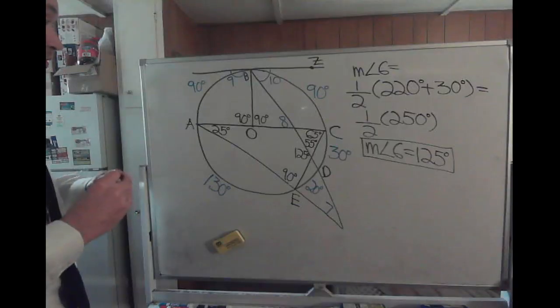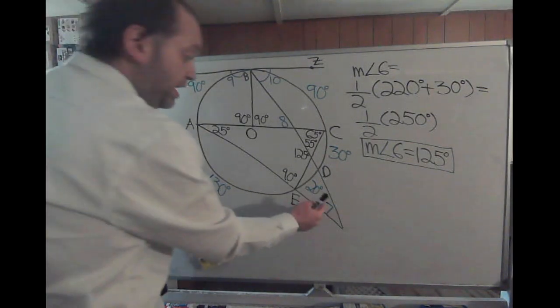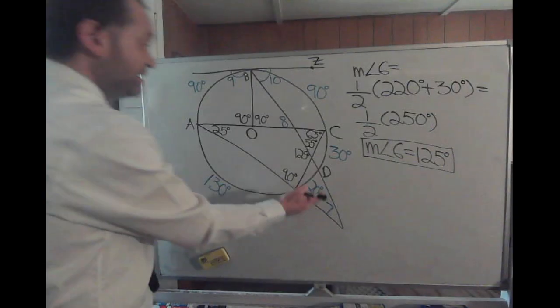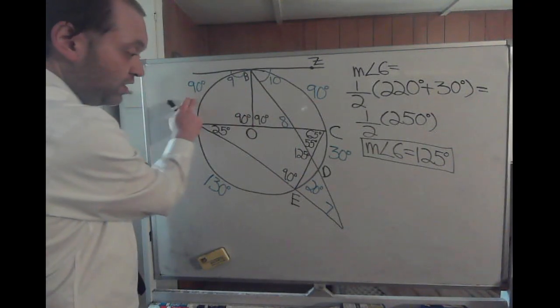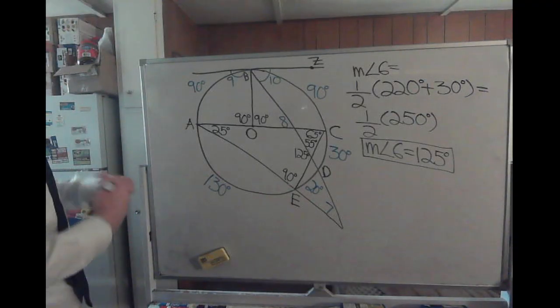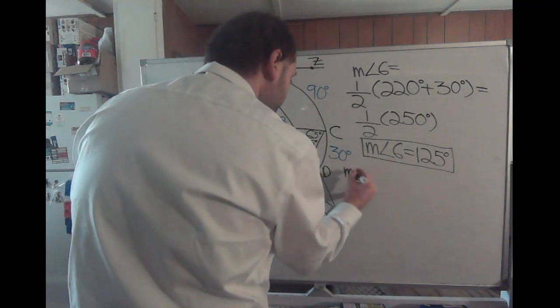Alright, so let's go for angle 7. Angle 7 is an angle formed by two secant lines outside of the circle. It clearly intercepts the 90-degree arc and the 20-degree arc. For an angle formed by two secant lines outside of the circle, it's the difference of the two arcs.